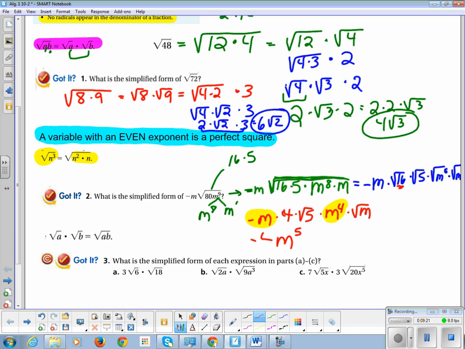And I'm going to rewrite my negative 4 out front, and I'm going to put these guys back together again underneath the square root. So your total answer after you shuffle everything around is negative 4 m to the 5th times the square root of 5m.